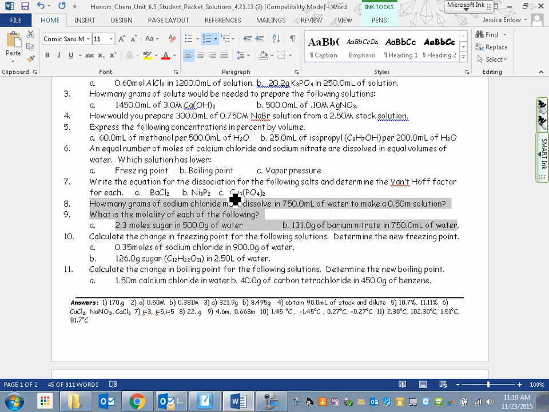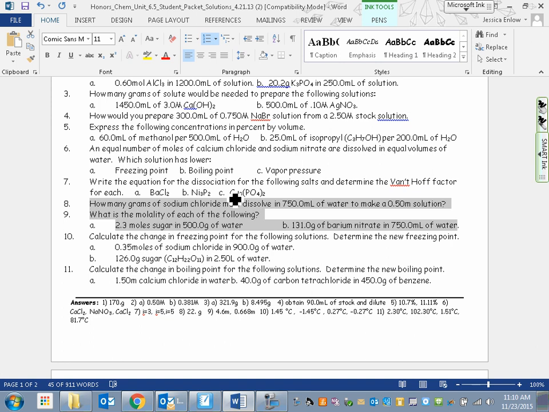Sodium nitrate. Nitrate is its own entity. So this is sodium and nitrate, right? So that's the i factor.